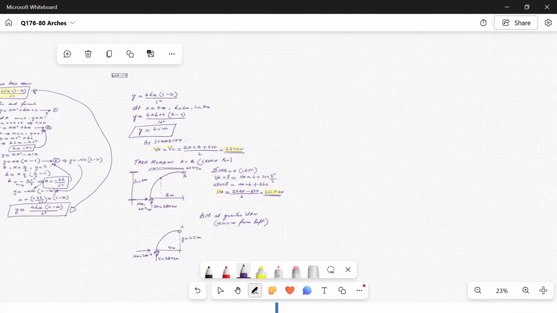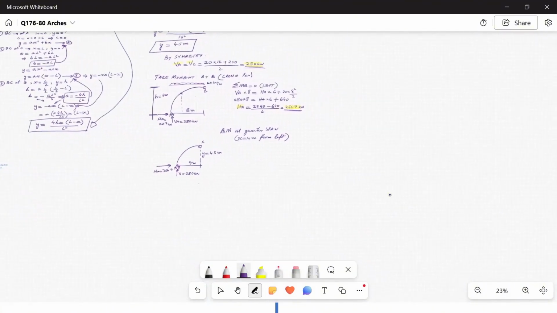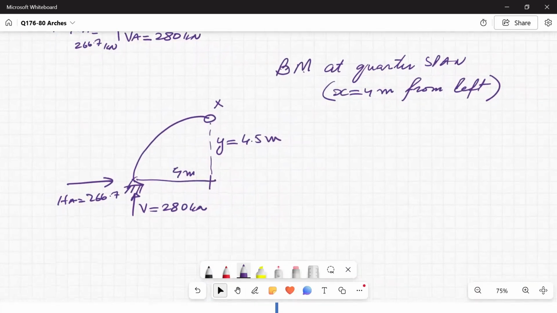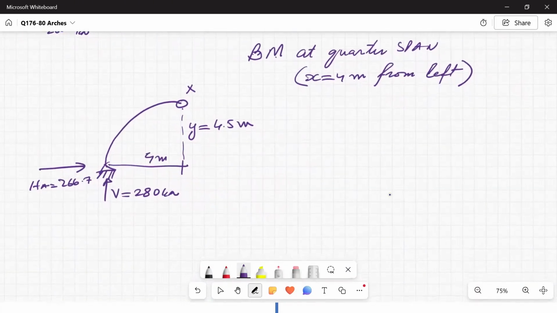And then I will go back here and I will find out moment at X. So now pretty much I have got everything except I forgot UDL. So you have UDL of 20 kilonewton per meter.